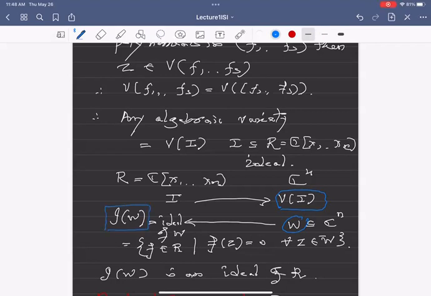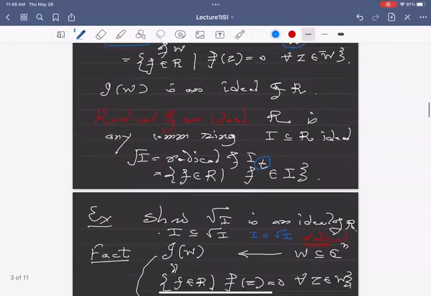So we don't get all ideals in R. In this reverse process, we only get radical ideals.